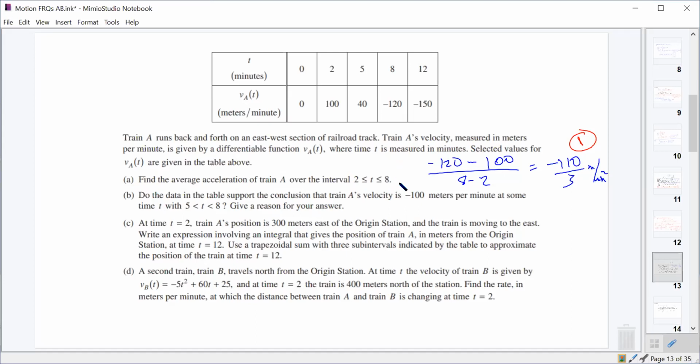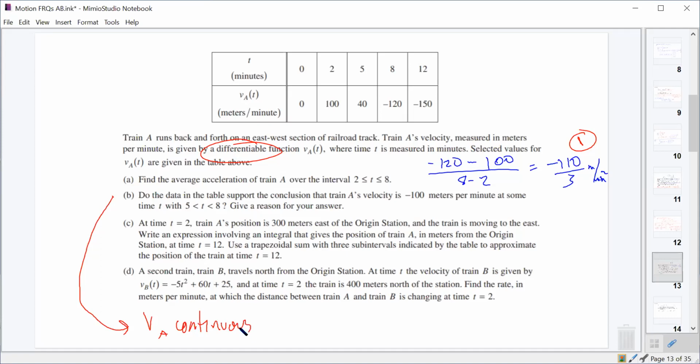So the answer to that should be yes, because we know that this is a differentiable function, and if the function is differentiable, that means that the function is continuous. So we know V of A is continuous.